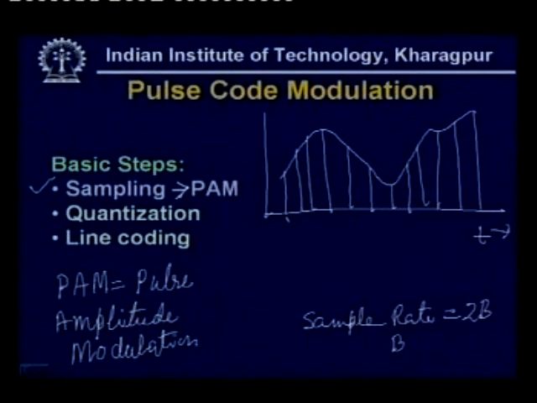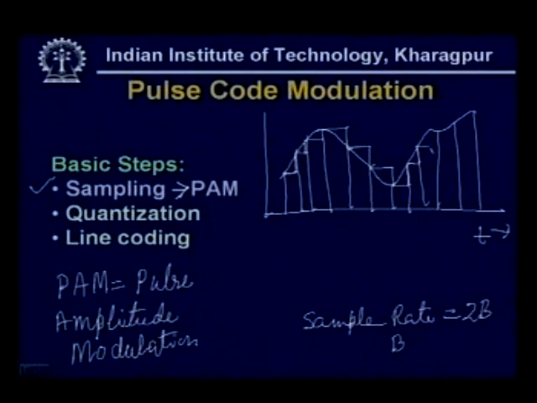Now, the sampling is done here, here, here, here at these points. As you sample it, you are also holding that value till the next sample. Then you go to the next sample, again holding it till the following sample.